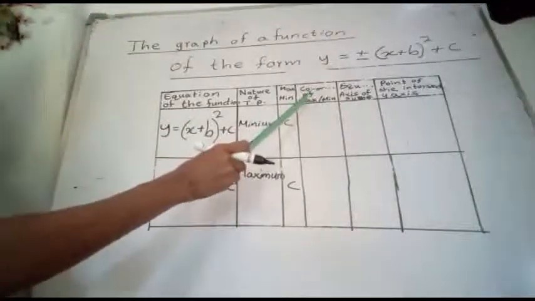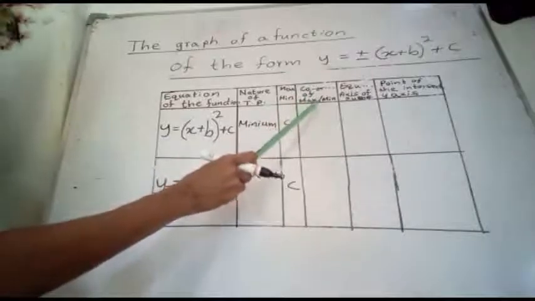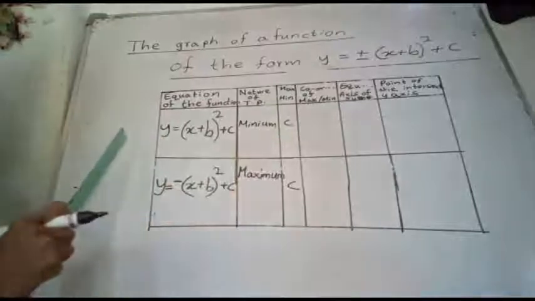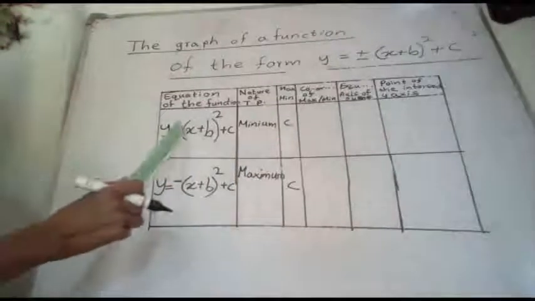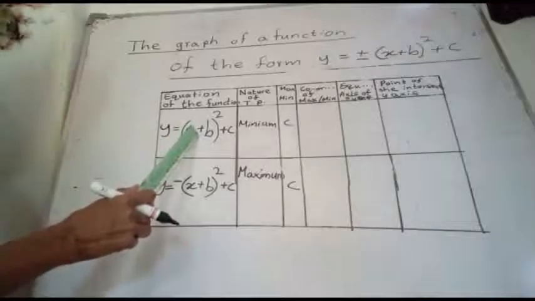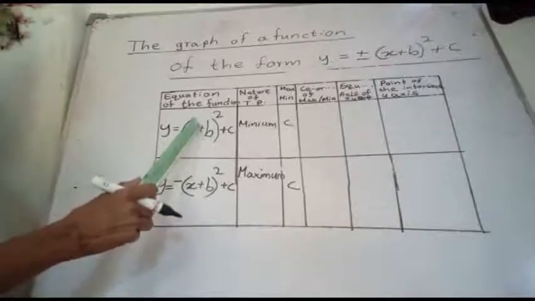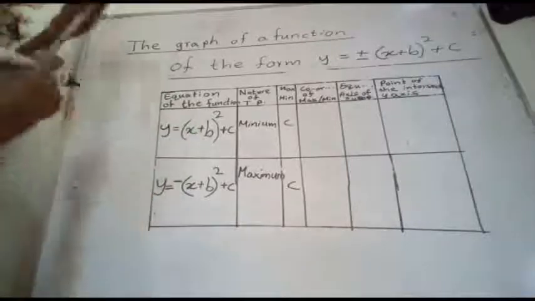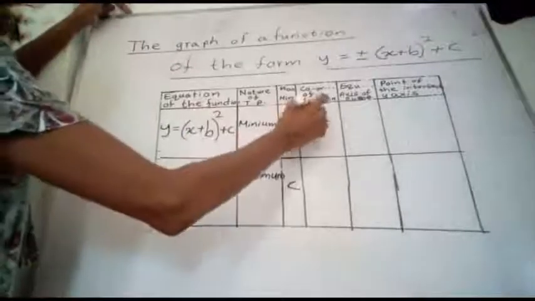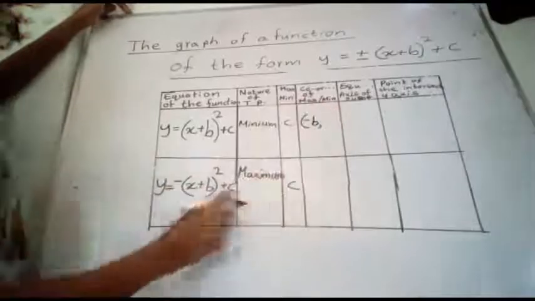Coordinates of the maximum or minimum point of the graph. Here the sign is positive. The x coordinate of the maximum or minimum point changes.